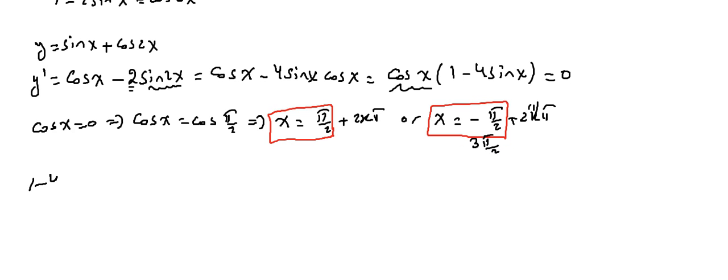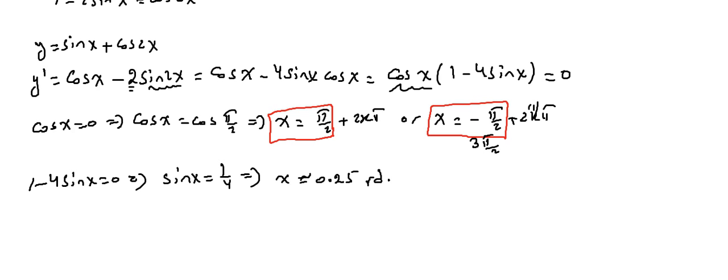1 minus 4 sine x equal 0 gives us that sine x is equal to 1 over 4. This means, okay, we need a calculator, changing to radians for sure. x will be equal to approximately 0.25. It's 0.25 something radian, right?